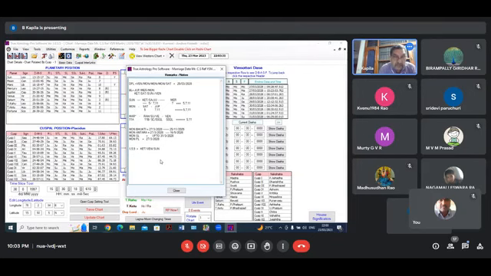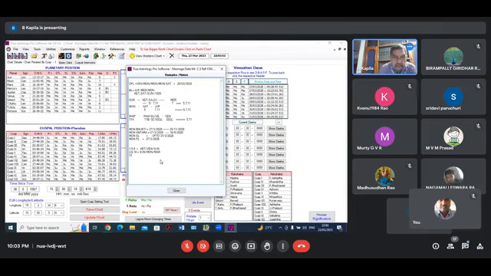Then it is 2, 6, 10, and the star lords are Sun, Moon, Mars.